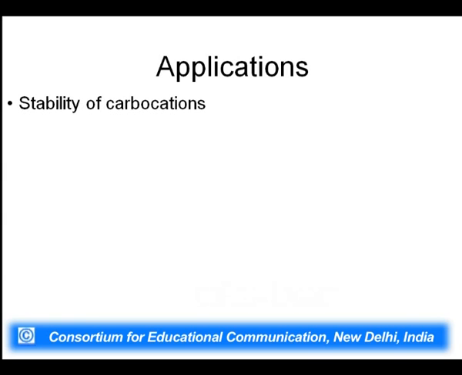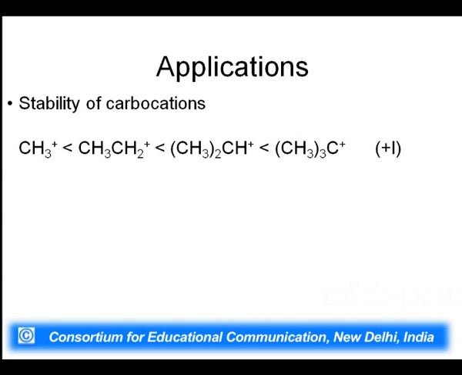Further applications: we have already studied at various levels that carbocations may differ in types as methyl, primary, secondary, tertiary. Because of inductive effect, the methyl group shows a plus I effect. So, the more methyl groups, the more electron density towards this positively charged carbon, and the more it is stabilized.